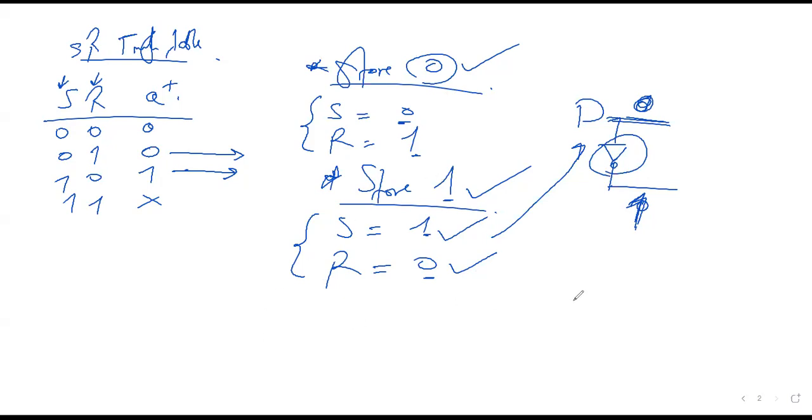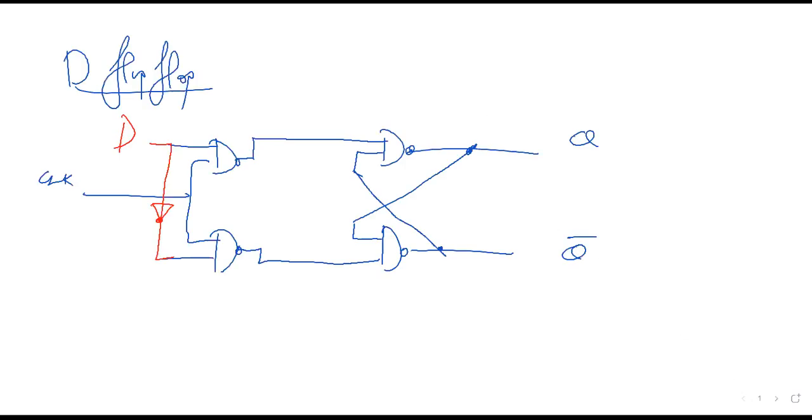If you want to store data, we have the diagram here. What you do is give the input D. When you give the input D, you remove the clock. Now you've stored your data.